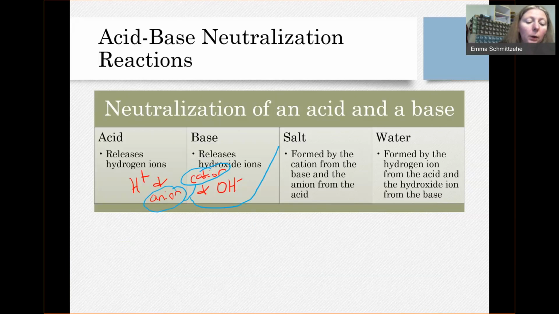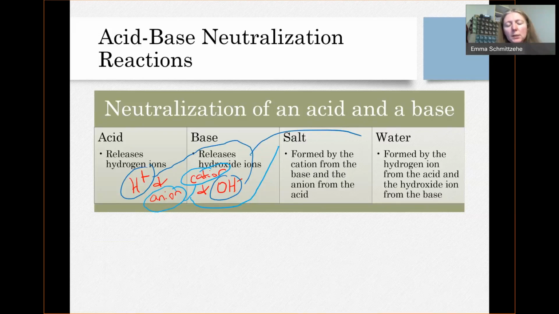Okay, whereas the H plus and the OH minus, those two things come together and they form water. Okay, and so that's always what's going to happen in an acid-base neutralization reaction, or at least in the simple ones.